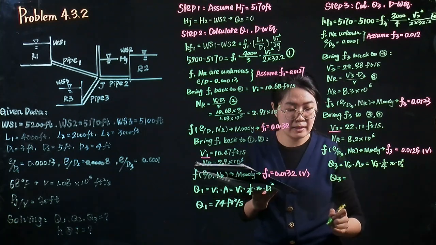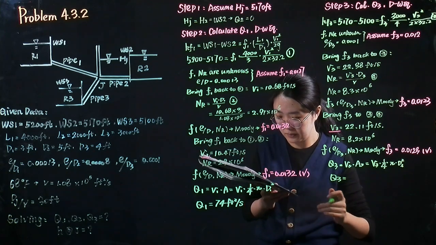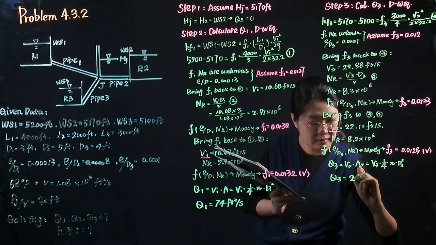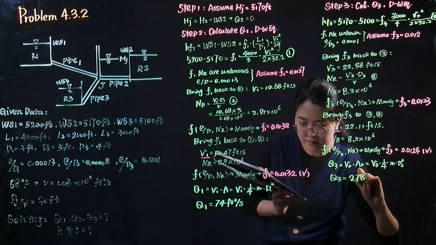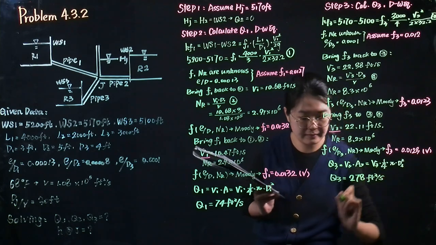The flow rate in pipeline 3 equals 278 cubic feet per second.